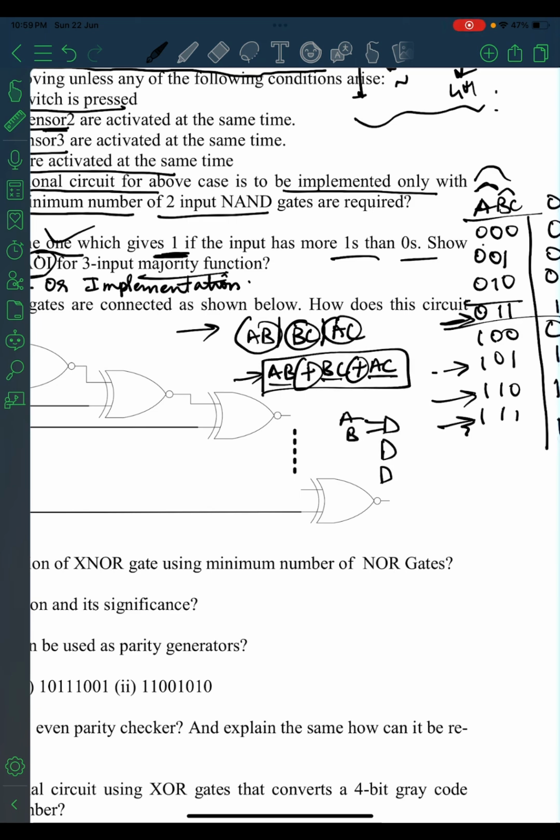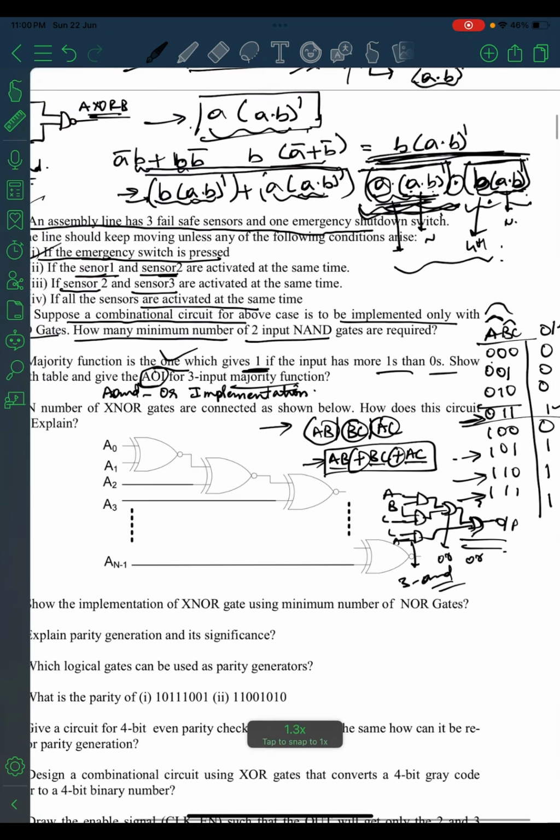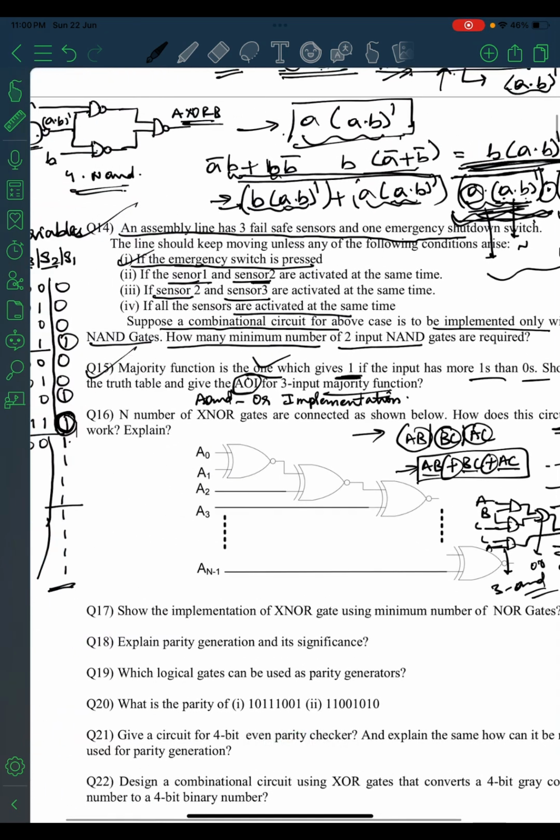A, B, C, C, A, and you need OR, and you need OR, output. That's it. This is OR, this is OR, these three are three AND gates. So this is the 15th question.